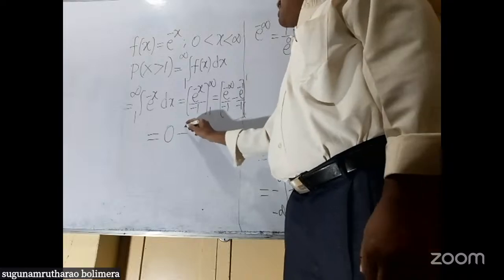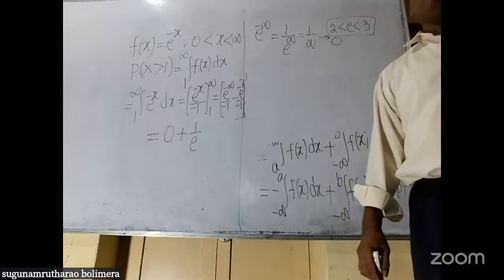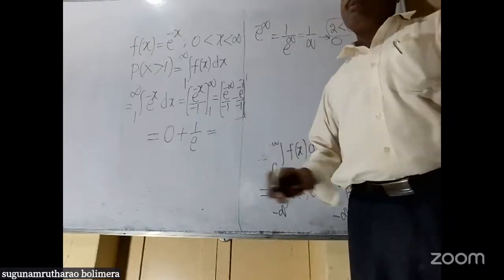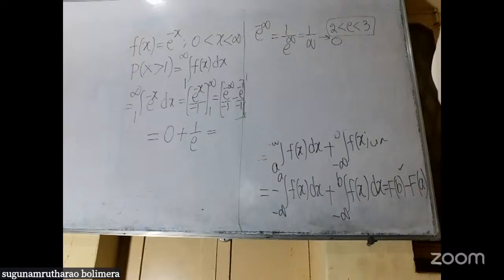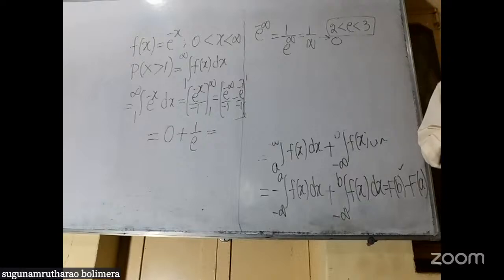Minus of minus is plus. E power minus 1 is 1 by e. Tell me the value. 1 by e. Quick. Calculator is not allowed, but it is given in your computer. You are writing a computer based test. It will be given on your screen. What's the value?